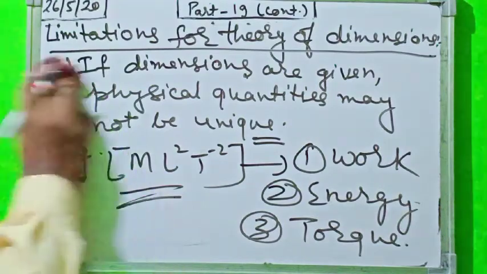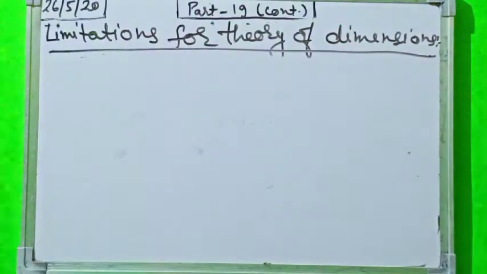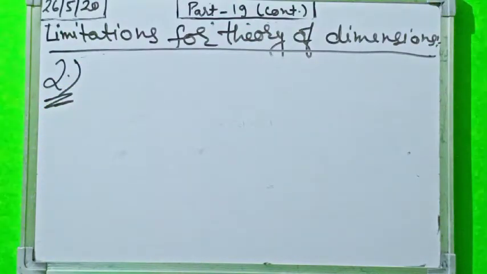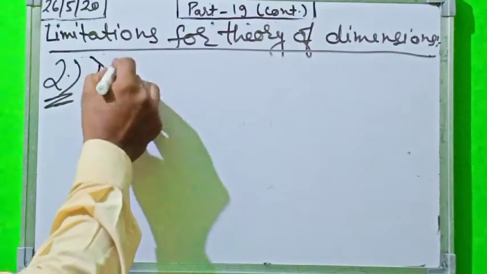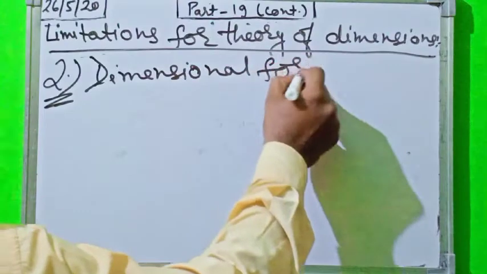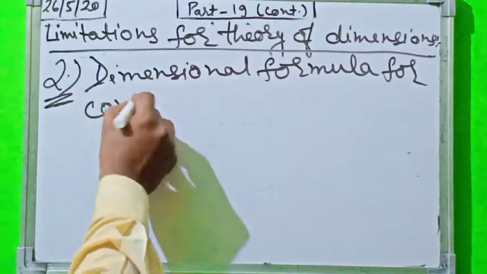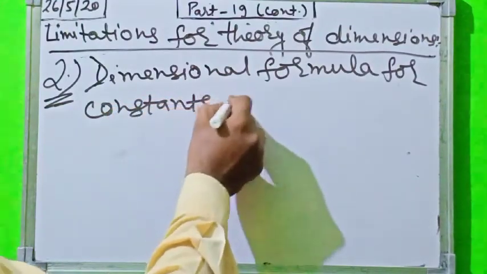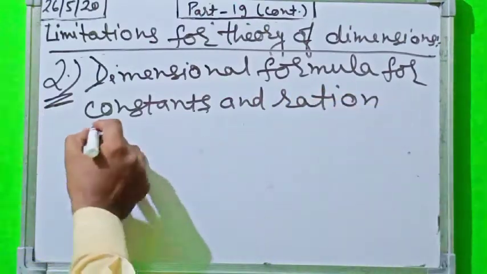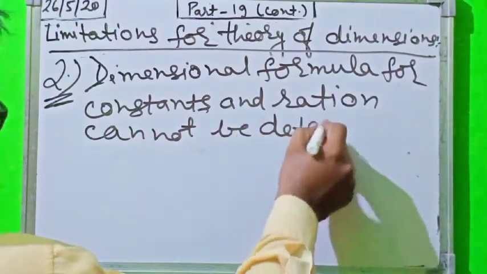The second limitation is dimensional formula for constants and ratios cannot be determined.